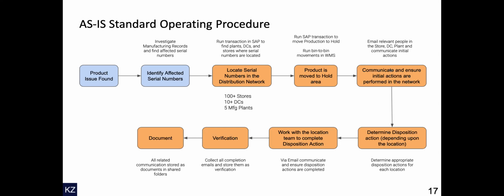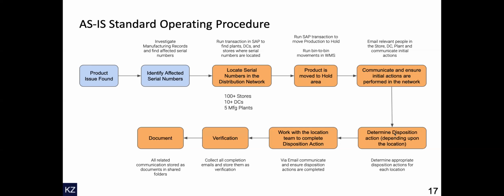So now people have to communicate to the individuals. Let's say there are 20 stores and 3 DCs and one manufacturing plant. You have to communicate to all of the people responsible in those areas to say, hey, let's fix this. This is the initial action that you should do: move it out and put it in a place.